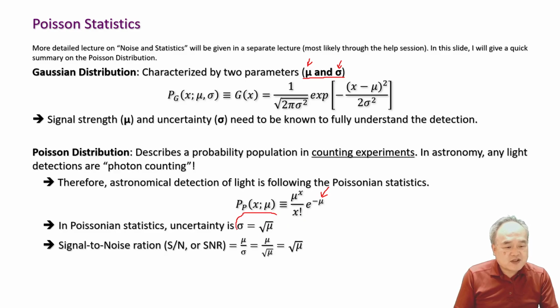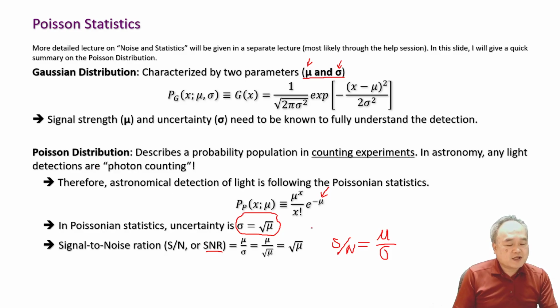A strange and interesting relationship for the Poissonian distribution is that the uncertainty of the Poissonian distribution is nothing but the square root of the average value. This is interesting. Because of this, when we try to measure the signal to noise ratio, or SNR, of some counting experiment, it is basically the incoming signal divided by the uncertainty.